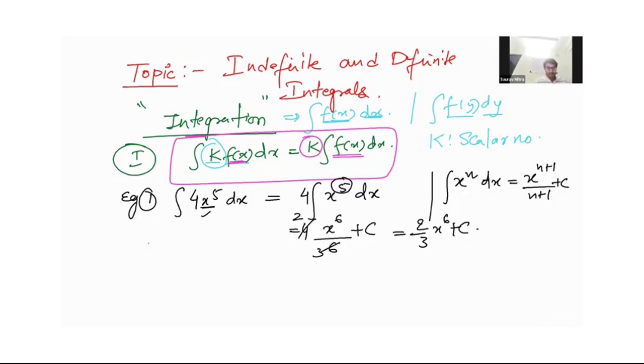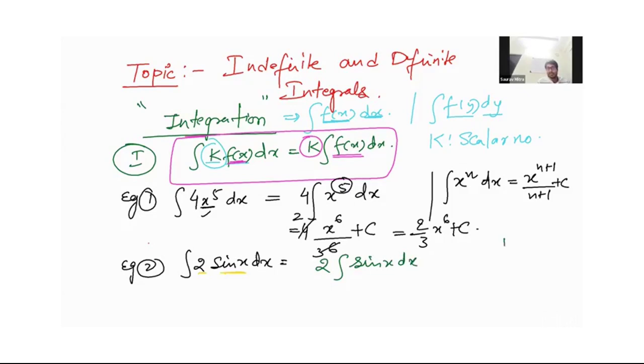Clear? So let us check the next example: twice of sin x dx. Again my scalar is 2 and my function is sin x. It is a trigonometric function. So we will take our 2 outside the integral and integrate sin x.